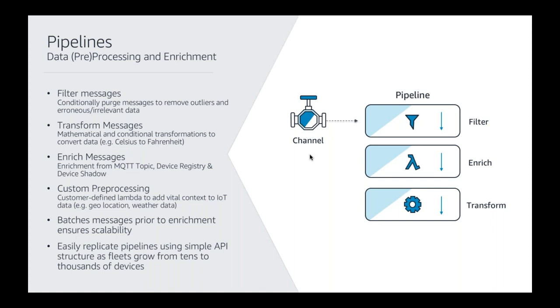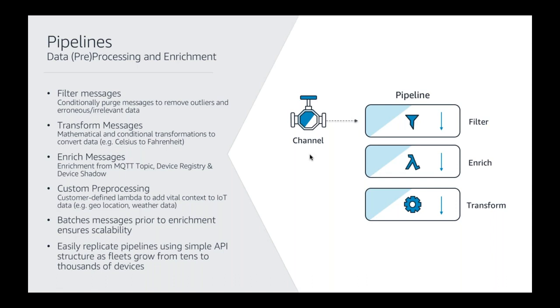You can also apply some transformation using simple mathematical and conditional statements. This shows an example of converting a temperature, but you can apply really any simple mathematical operations on the incoming fields in your telemetry.